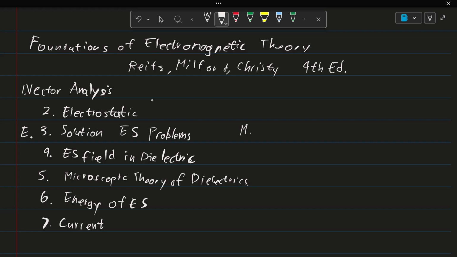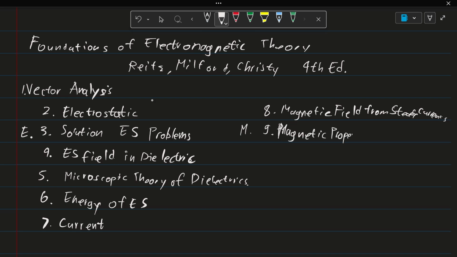So we'll be starting with the magnetic field from steady currents. After that, we'll be discussing about the magnetic properties of matter.